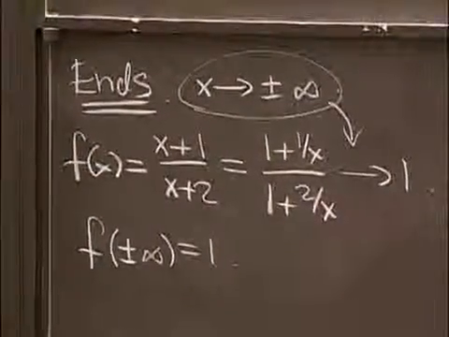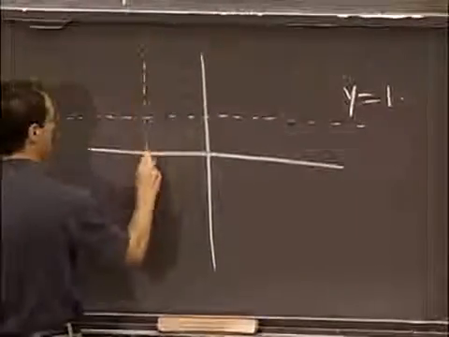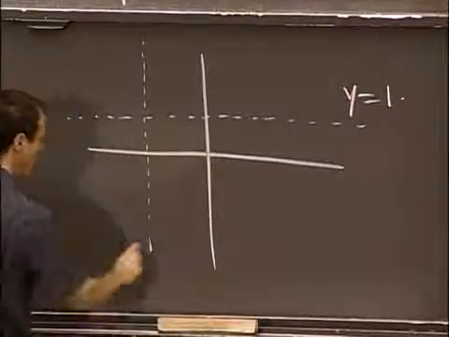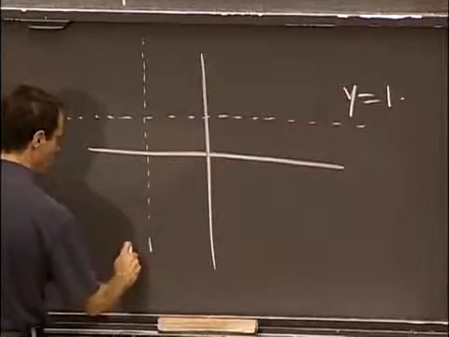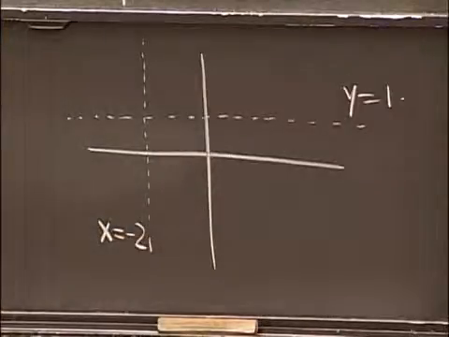So there's a level, which is y equals 1. And then there's another line to draw, which is x equals -2. And now, what information do I have so far?